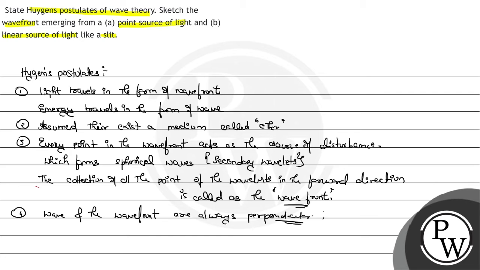But the drawback of these postulates was that it couldn't explain or distinguish between the longitudinal wave and the transverse wave, because of which few properties of light were still to be proved.